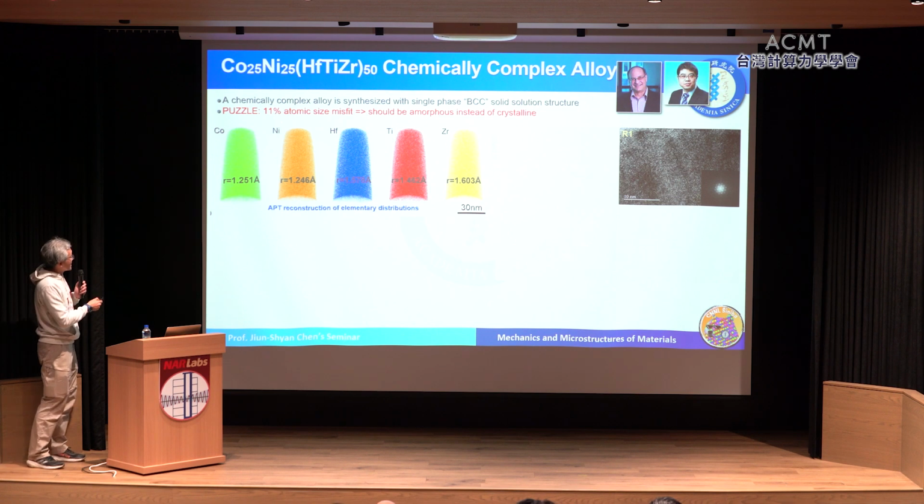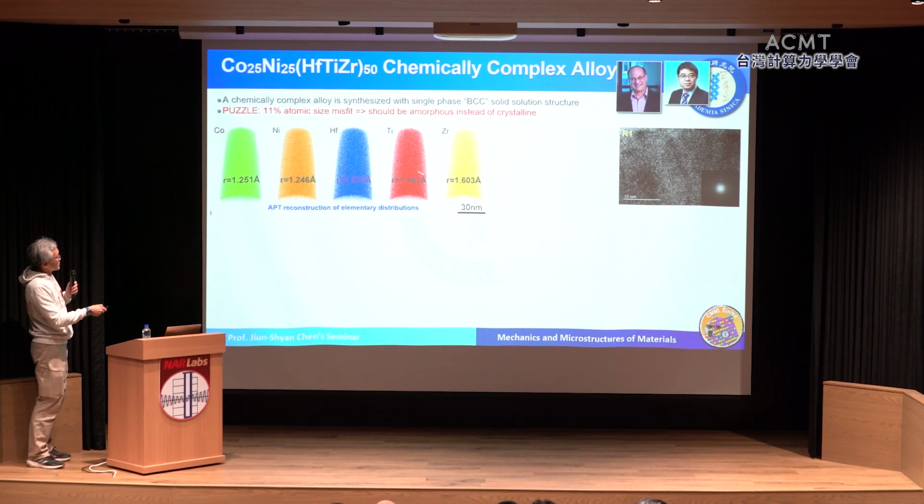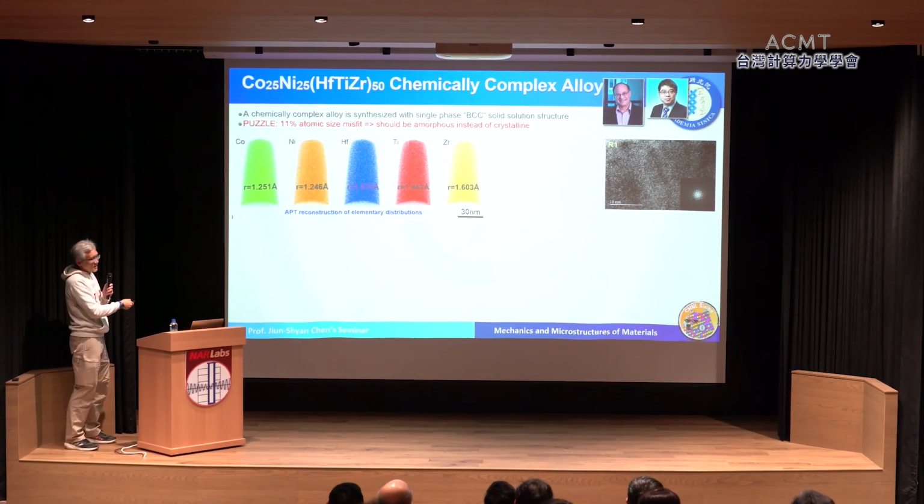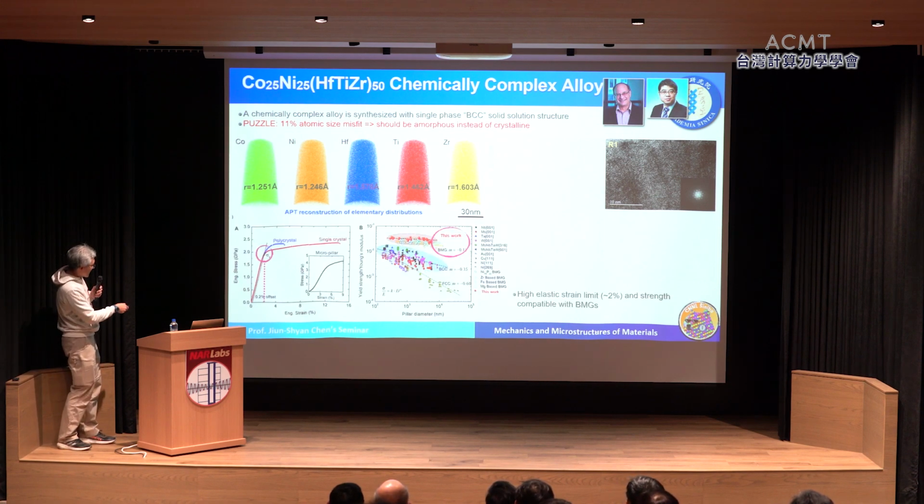The next one is that recently we have joint work with Professor Solovitz and Professor Yang Yong at Hong Kong, who synthesized this chemically complex alloy with a very high elastic limit.